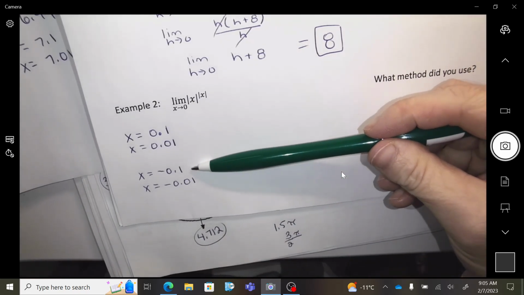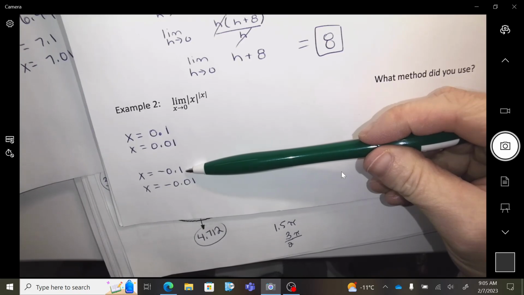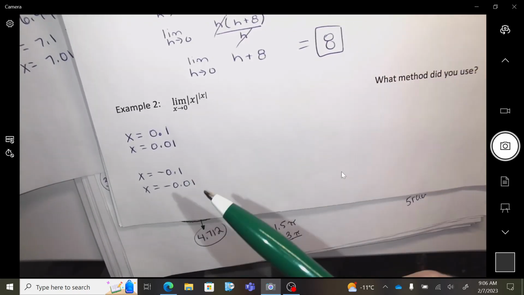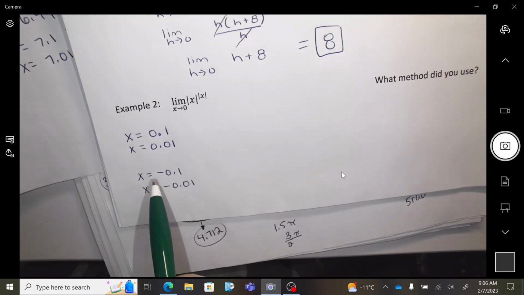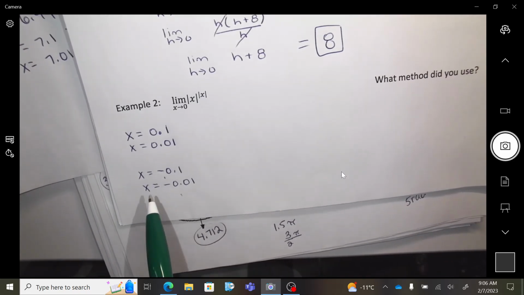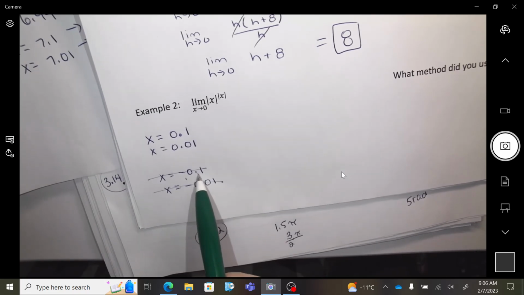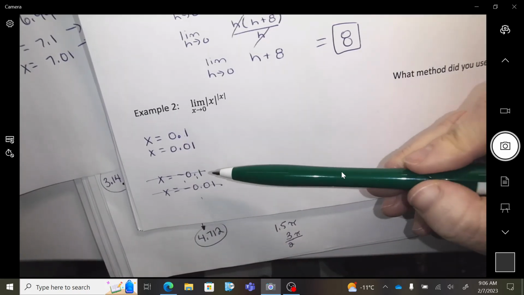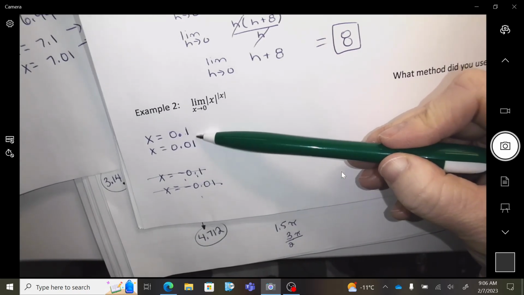Do you remember what the absolute value meant? That it turns positive? So do I even need to do this? No. Because putting this in will be the same as putting that in, right? Because the absolute value will turn into that number anyway.